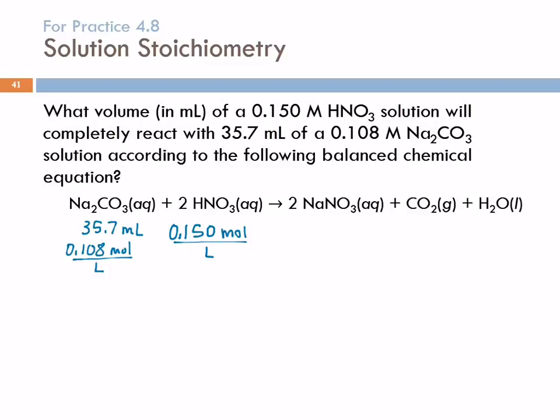Any questions? What are they asking us to find? The volume of HNO3. So question mark, and it says milliliters. I changed the color there slightly. Hopefully it's easier to see on our crummy screen today.